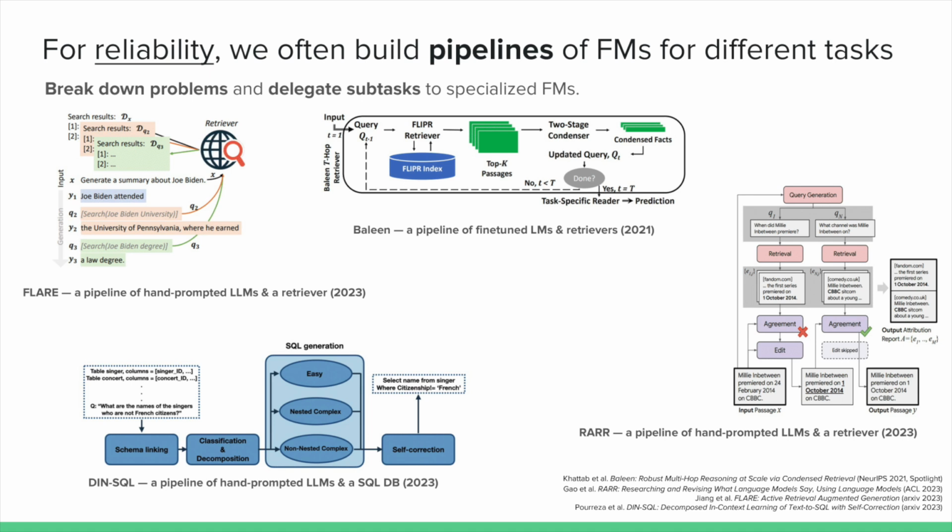You have the RARR system that automatically provides attribution for language model outputs and corrects unsupported content, enhancing the trustworthiness of the system. And each of these pipelines exemplifies dedication to task-specific design, which exchanges flexibility for performance.